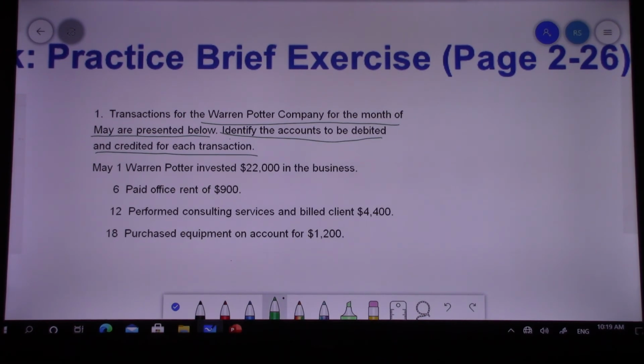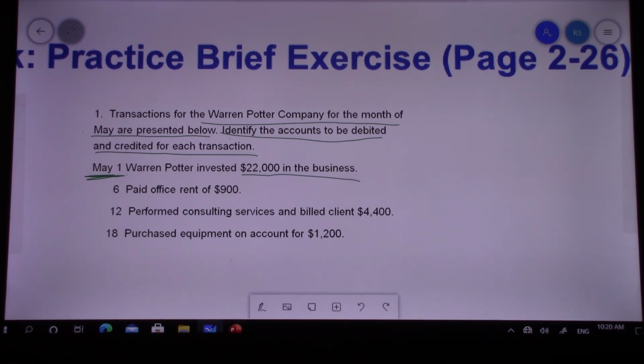Let's start with the first transaction, which is on May 1st. Warren Porter invested $22,000 in the business. This means that when you invest cash into the business, cash will increase, and also your capital will increase.